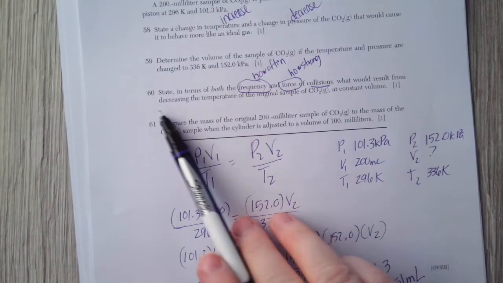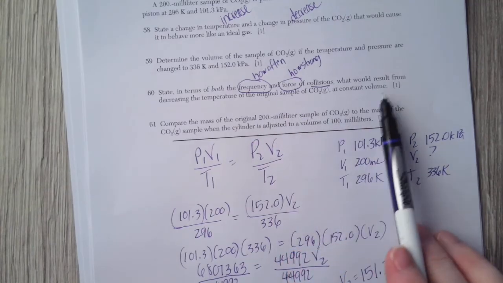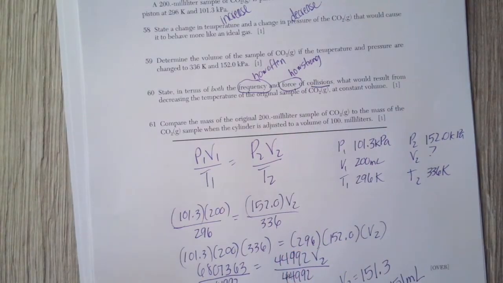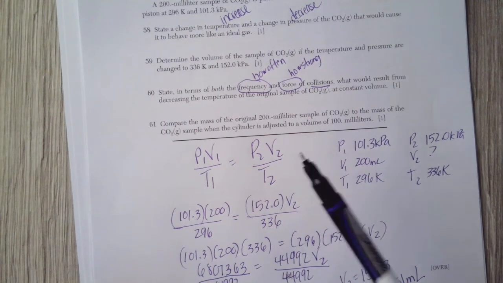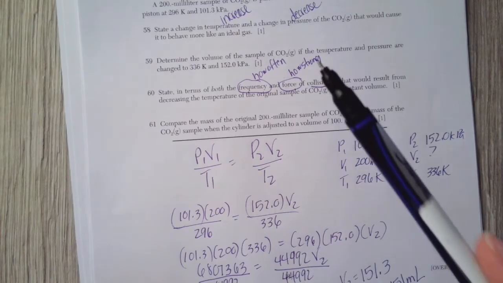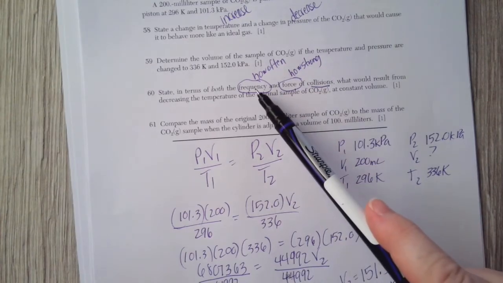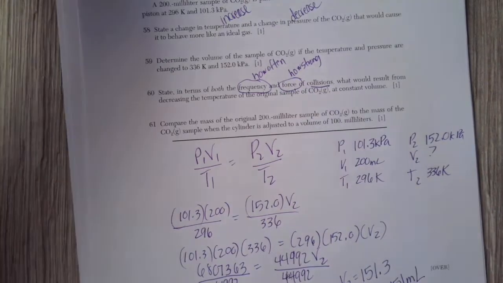What would result from decreasing the temperature of the original sample of CO2 at constant volume? Well, if I decrease the temperature, that's decreasing average kinetic energy, which means the particles are moving slower, so they're going to collide less often and with less force.